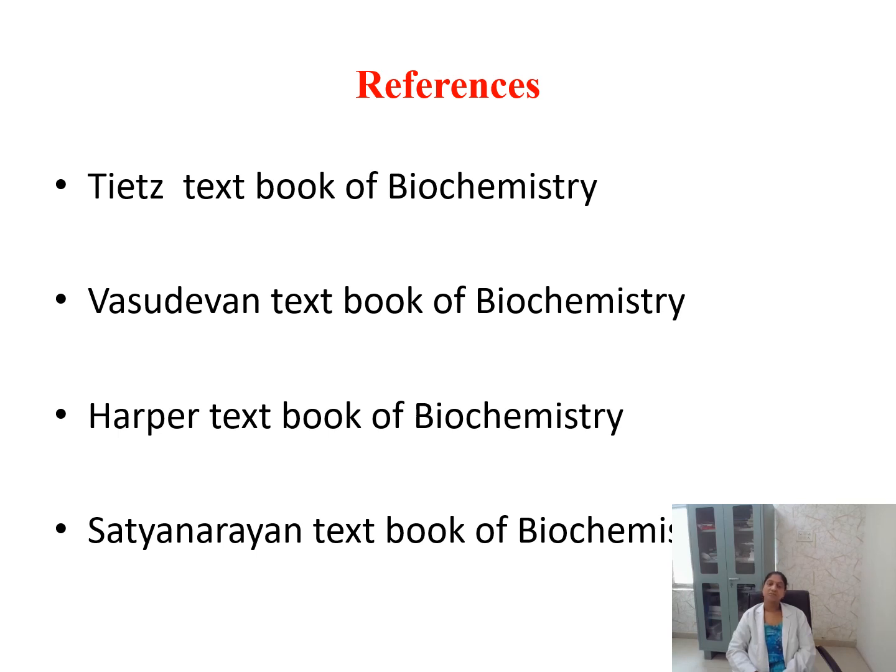But when we give uricase, rasburicase and other drugs, this causes the elimination of uric acid by converting it into allantoin. Allantoin is easily excreted from the kidneys. It can be easily eliminated in the urine.